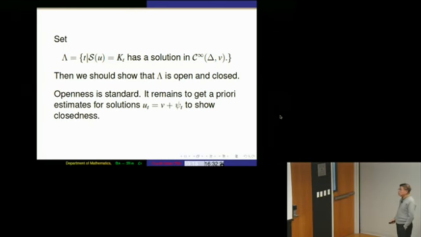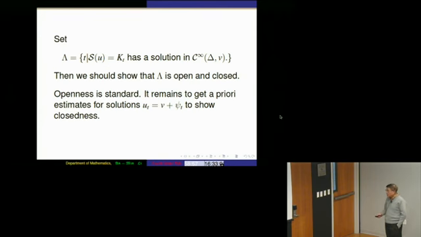We should show that Lambda is open and closed. Openness is standard; people can see the paper of Donaldson and Abreu. It remains to get estimates for the solution to show the closedness.